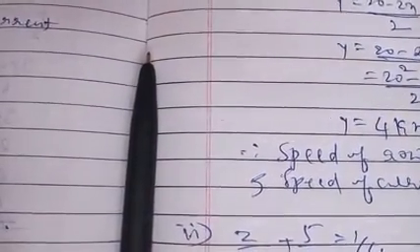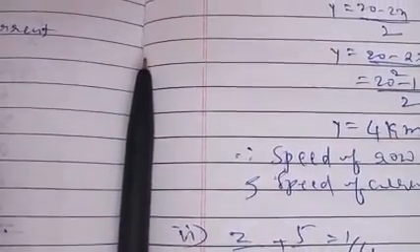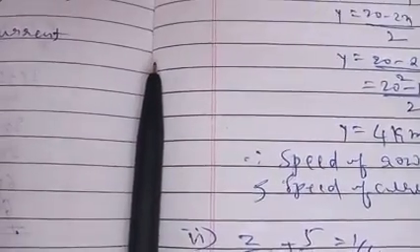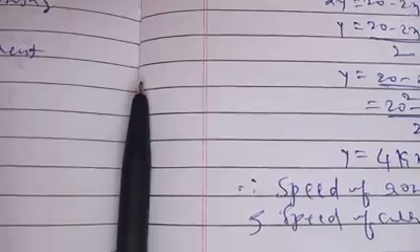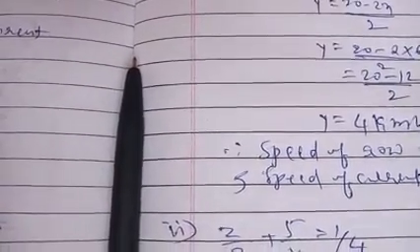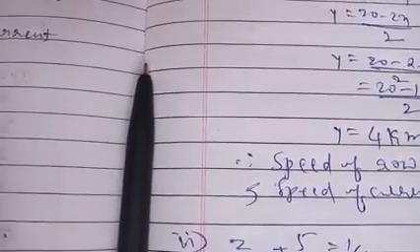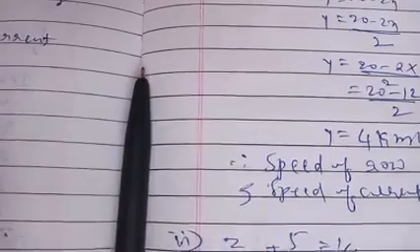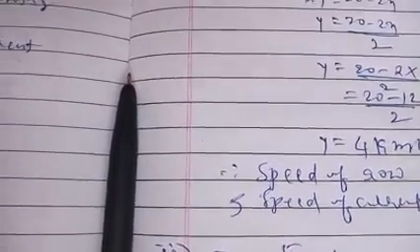Convert it to hours: 1 hour equals 60 minutes, so 250 divided by 60, which becomes 25 divided by 6 hours.